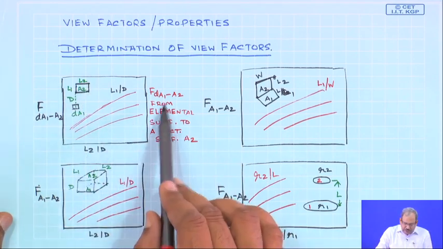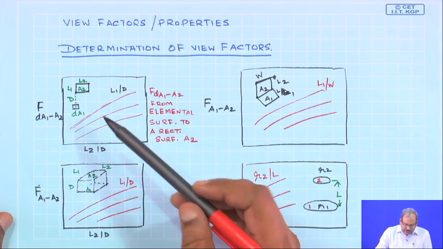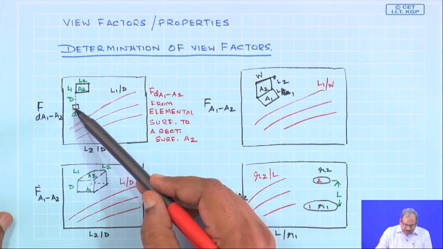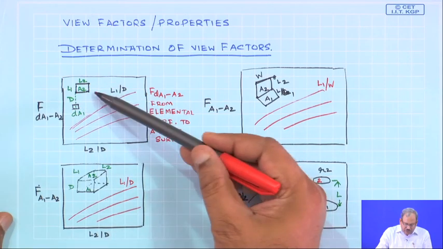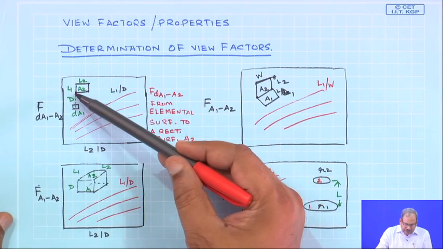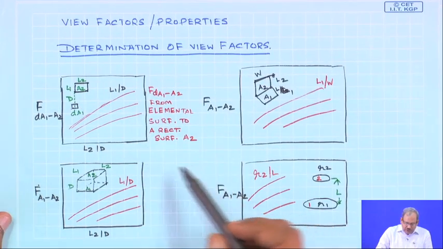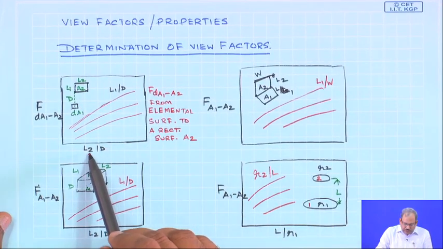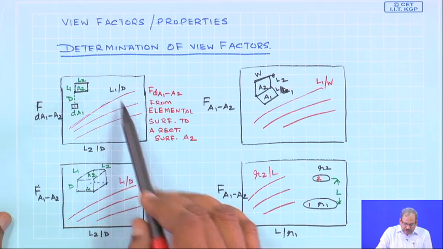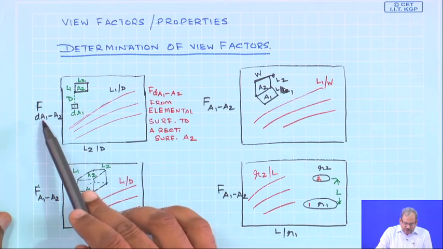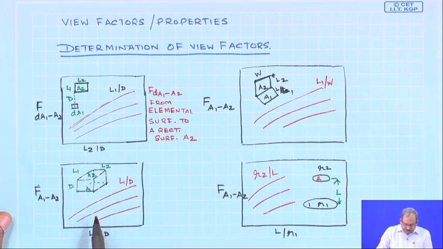So, the curve 1 is for an elemental surface area. Please note the location of the elemental surface with respect to the surface, that is, the corner is directly above dA1. If you know the values of L2, D and L1, you should be able to find out the value of the view factor.